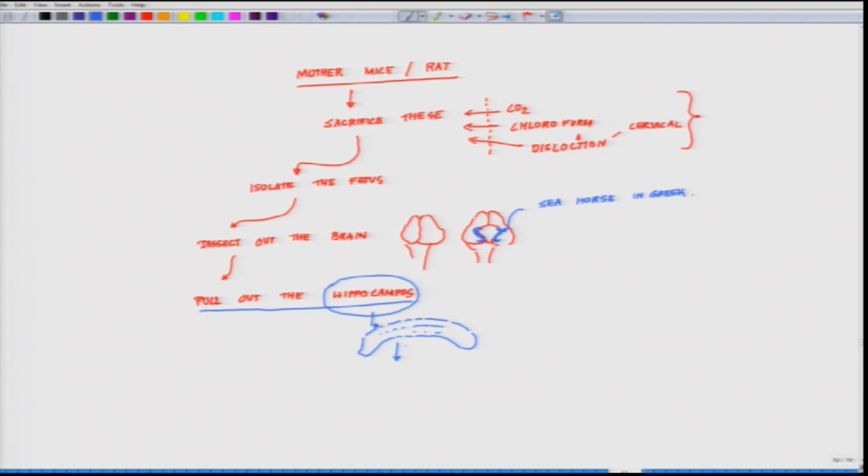Now, this hippocampus, what you do is dissociate this tissue. If you imagine this tissue, it is a network of neurons, very small, tiny pyramidal neurons. They form a huge network out there.